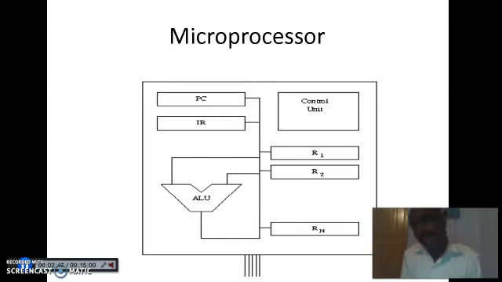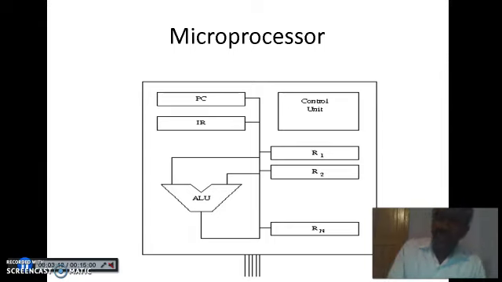ALU means arithmetic and logical unit. It performs arithmetic and logical operations. For example, arithmetic operations are addition, subtraction, multiplication and division. Logical operations are AND, OR, XOR gates. These are the examples of logical operations.